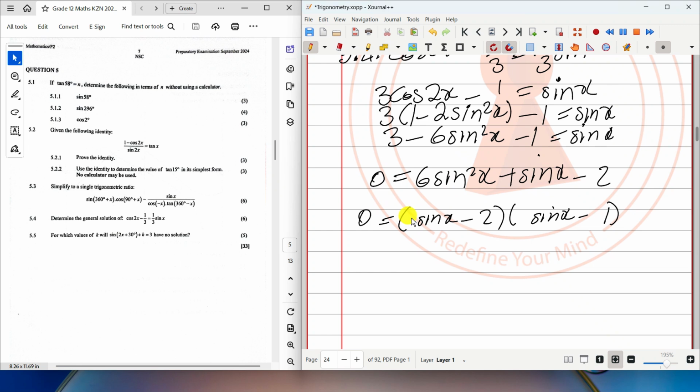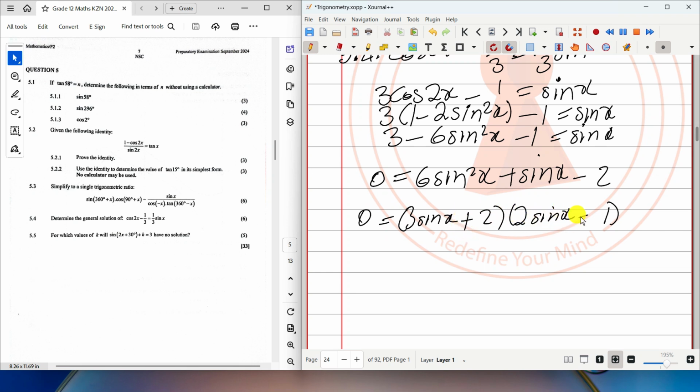Let me see. Okay, I'm going to use 3 sine x minus 2, and then this must be plus 2.